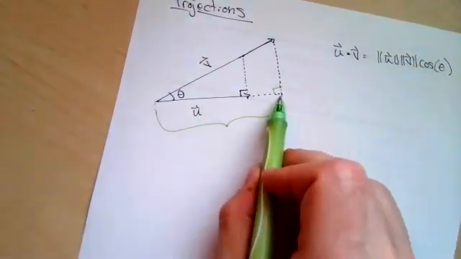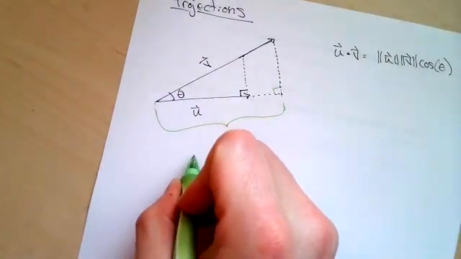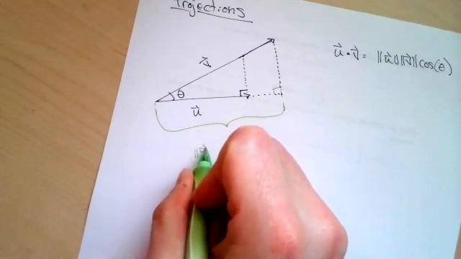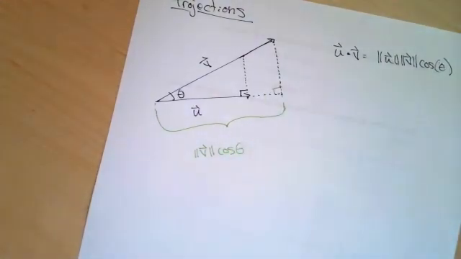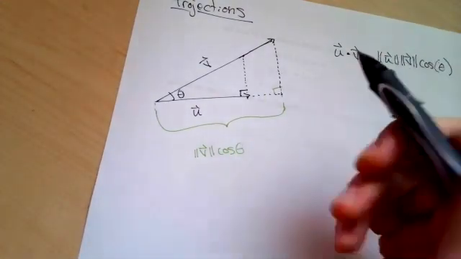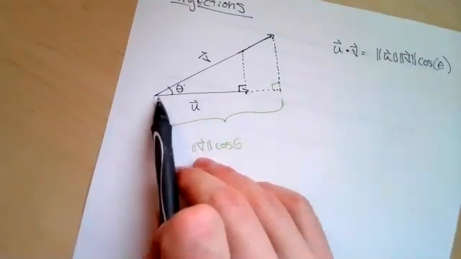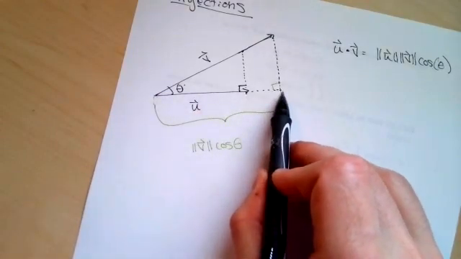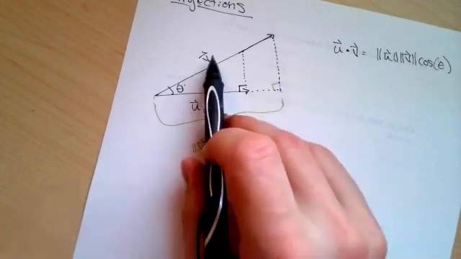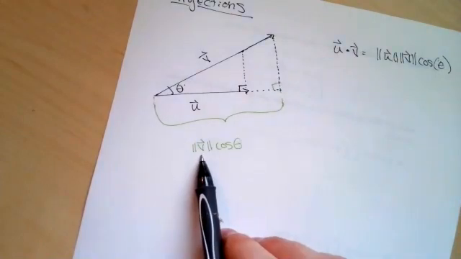You should be able to check that it is going to be the length of v times cosine theta. So this just follows from our basic trig. Namely, cosine of theta is going to be the length of this base here divided by the length of the hypotenuse, which is the length of v.